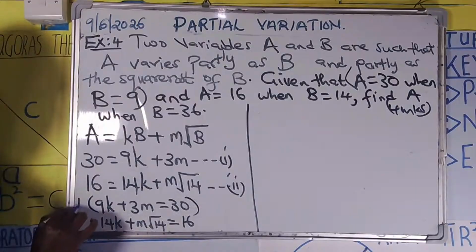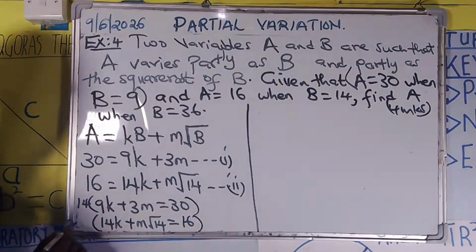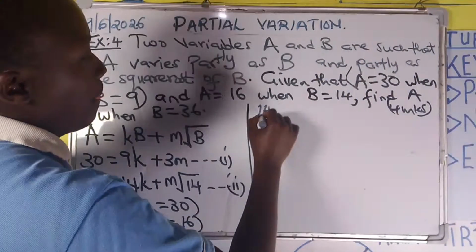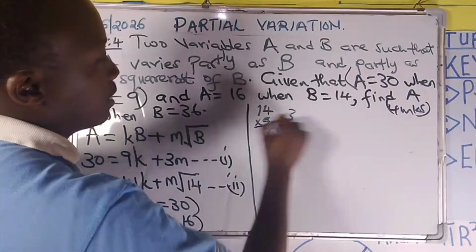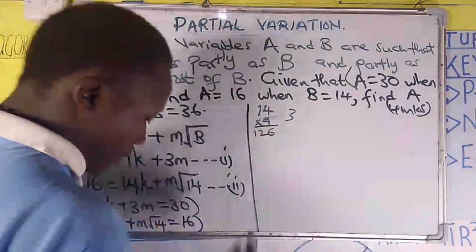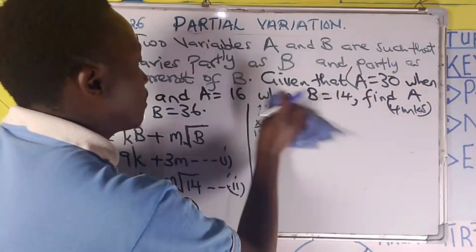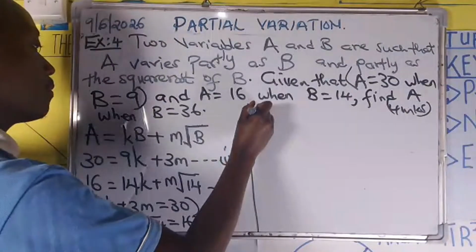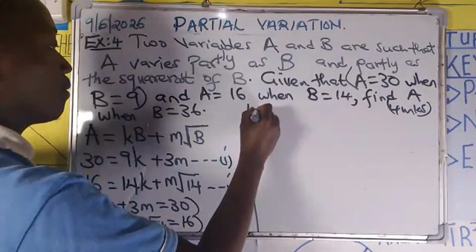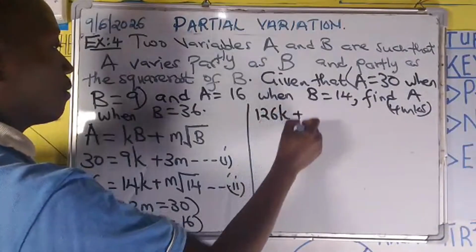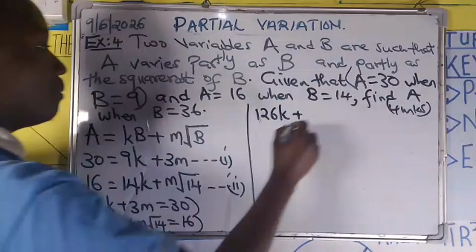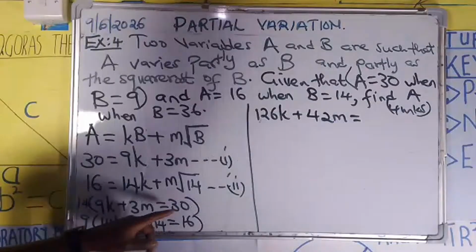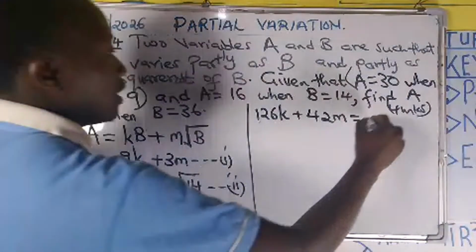So we can use elimination to eliminate k. We multiply this one by 14 and this one by 9. So 14 times 9 is 126k plus 14 times 3m is 42m, equals 30 times 14, which is 420.